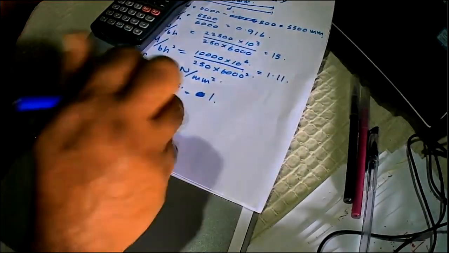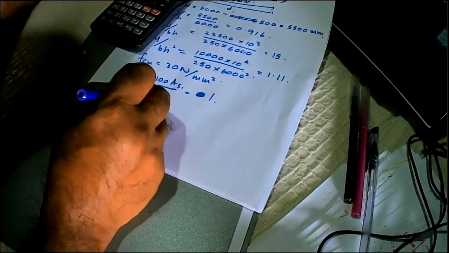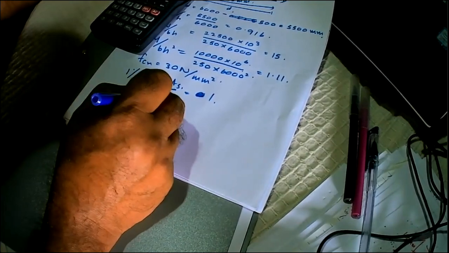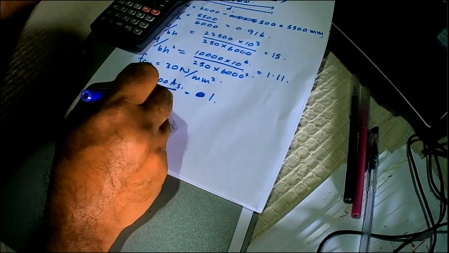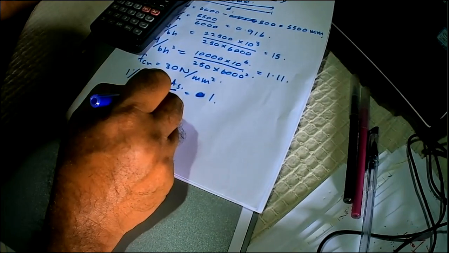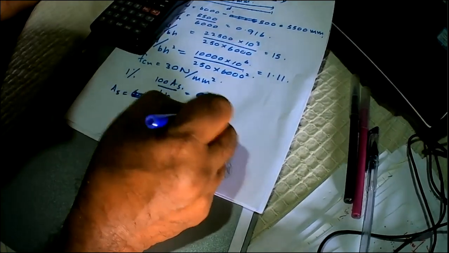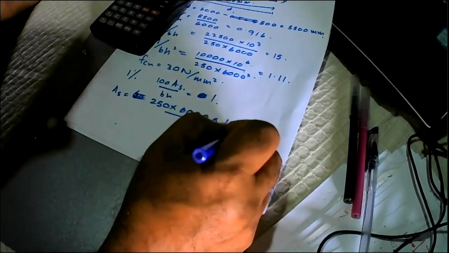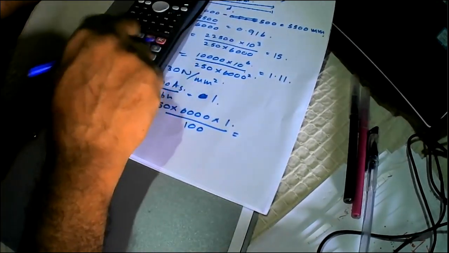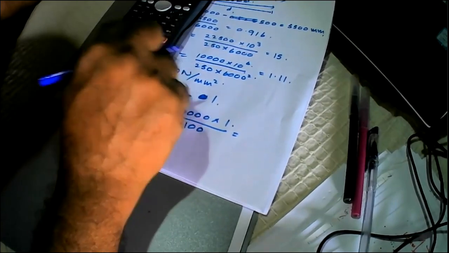So it's 1%, which means As is equal to 250 multiplied by 6,000 multiplied by 1 divided by 100.